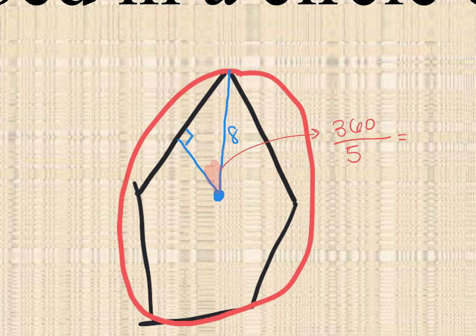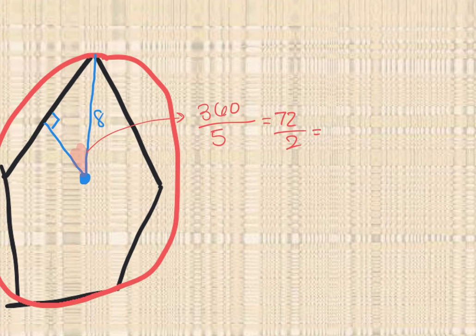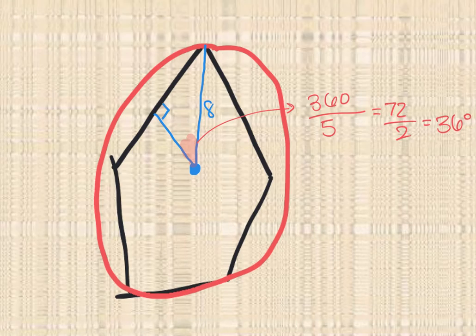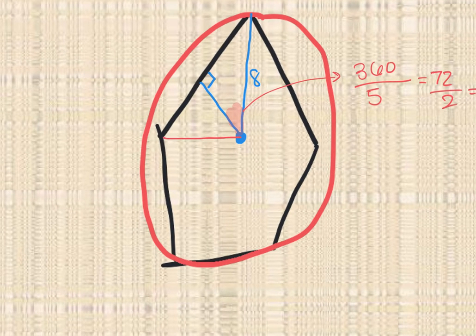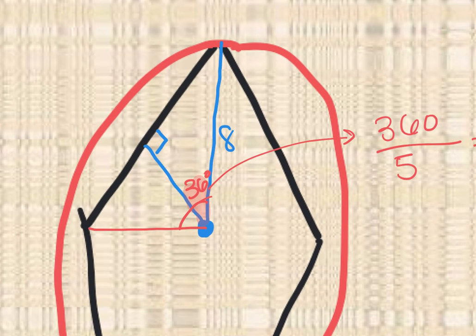So 360 divided by 5 is 72, and then we divide that by 2, and we get 36 degrees. The reason we're dividing it by 2 is because when we divide by 5, we're getting this angle right here, and then this is being cut in half by the apothem. So we label this 36 degrees. If this one's 36, that means the angle over here must be 54 degrees.